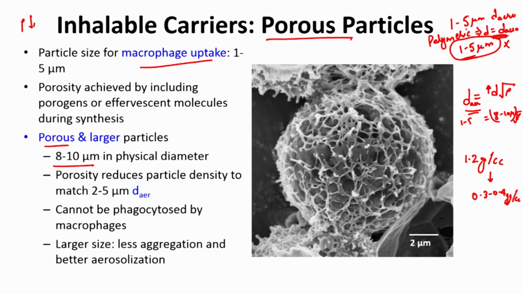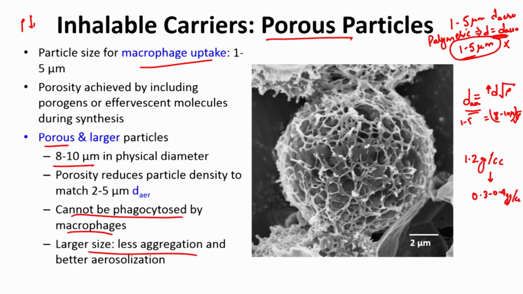So what I have written here is, cannot be phagocytosed by the macrophages, and not only that, the larger the particle, the more its momentum is, and because of that they tend to separate very well from the other particles. So you actually have less aggregation when you try to aerosolize these particles.